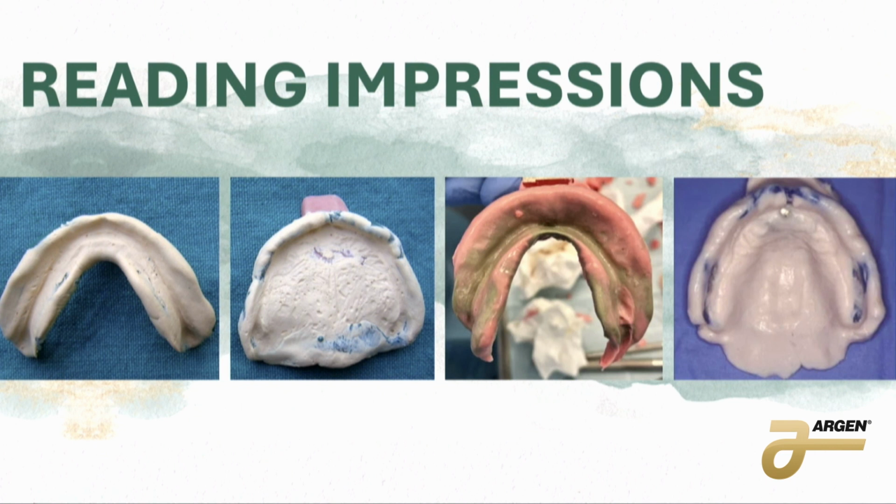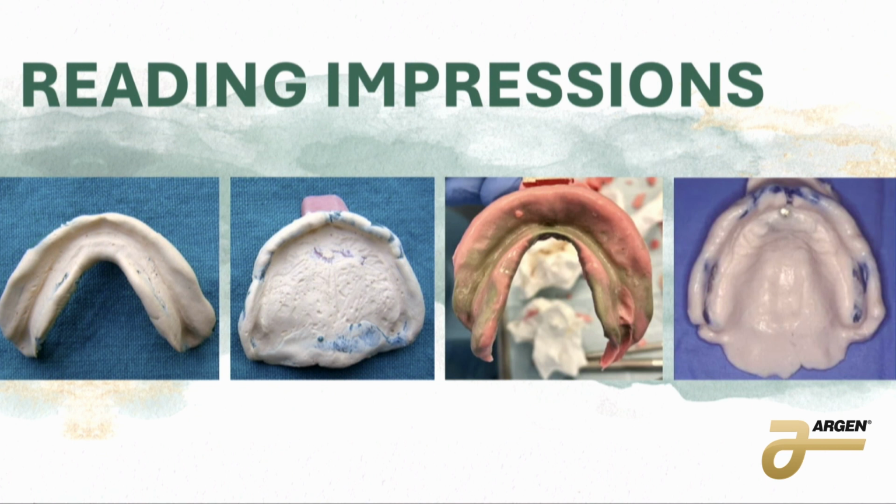So we need to understand what is a good final impression and what is a bad final impression, so we know how to trim these impressions, how to make our dentures, how to, unfortunately, make accommodations for bad impressions. But we have to know from the very, very beginning what we are actually looking at, so we know how to work with it. So some of these impressions here, if you look at these first two, it kind of looks like it's just an alginate impression.